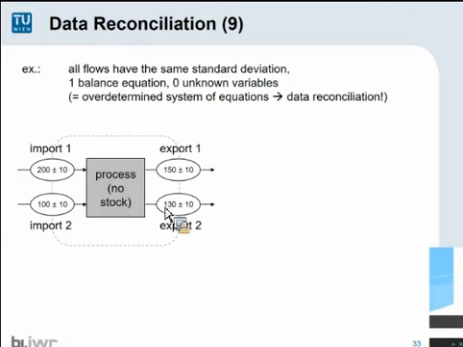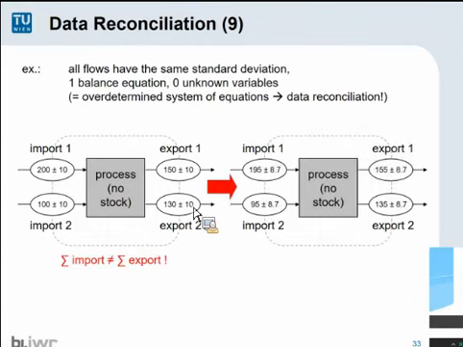Again, we have to check, do we have an overdetermined system of equations? We have one mass balance, this means one equation, and we have no unknown value. So that means overdetermined system of equations, check. The next thing, do we have uncertain data? Yes, of course. Each of these values has an uncertainty, so it should be possible to perform data reconciliation.